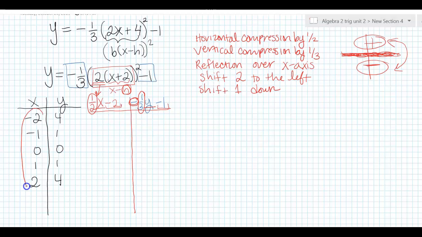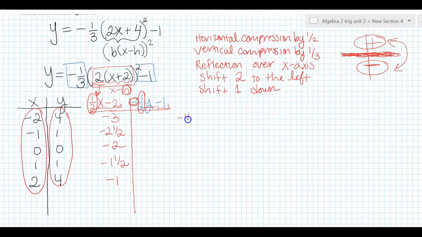So I'm going to take every x value that was part of my parent function and do just the horizontal transformations to it. So I'm going to multiply everything by 1/2 and subtract 2 and get a new list of x distances. It's how these distances would be changed by the transformations in this problem. So I'm just listing those. And then I'm going to go through and do the same thing to the y values and just perform on the y values each transformation that's happening vertically.